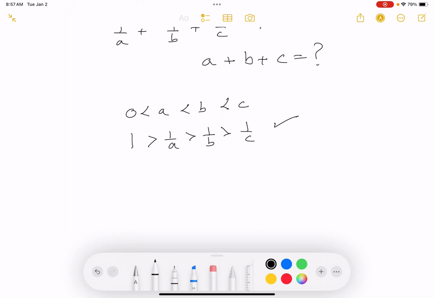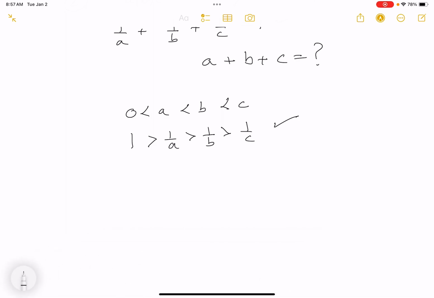We know that 1 over A plus 1 over B plus 1 over C is equal to 1.